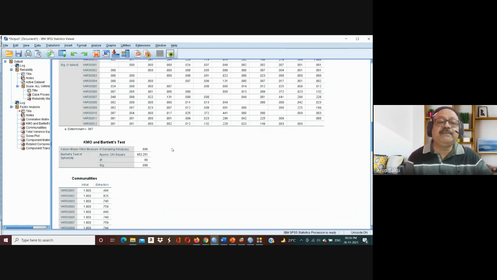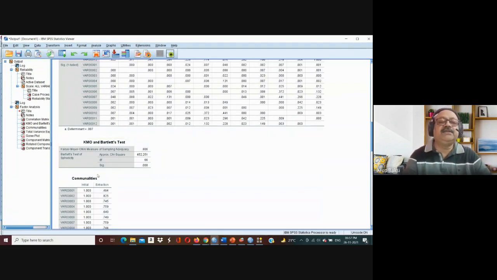So we require a minimum of 60 in this particular case because there were 12 variables, and a maximum of 120 to make it very robust in nature. But we have obtained 98 responses, and we found that the sample is adequate enough to conduct the factor analysis.